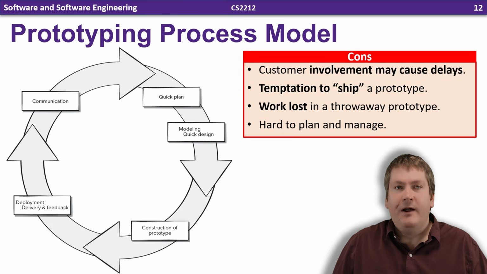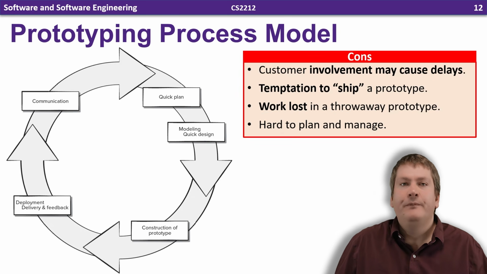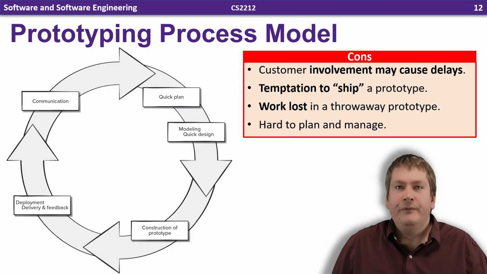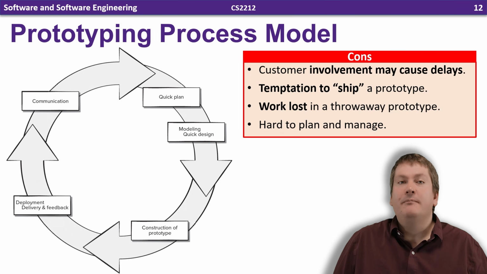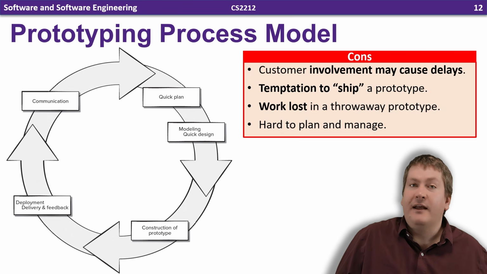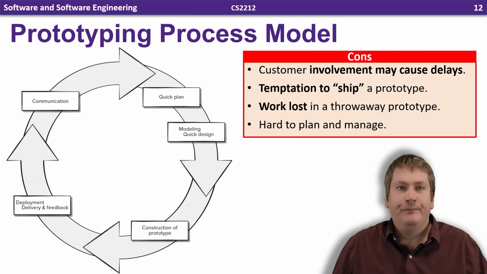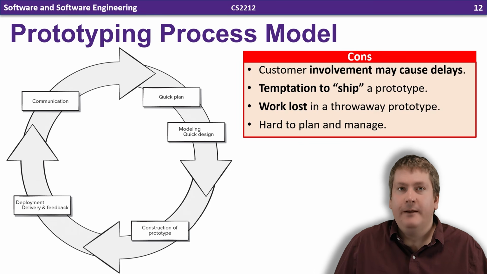There are downsides, however. No process is perfect. So for the prototyping model, this level of customer involvement can lead to delays. Waiting on customers to provide feedback can mean that you are stuck doing nothing until they respond. There's also often a temptation to ship a prototype before it's ready.